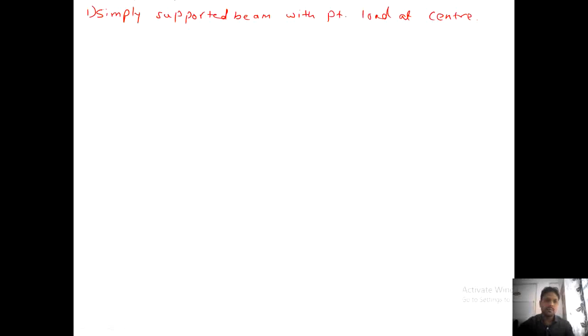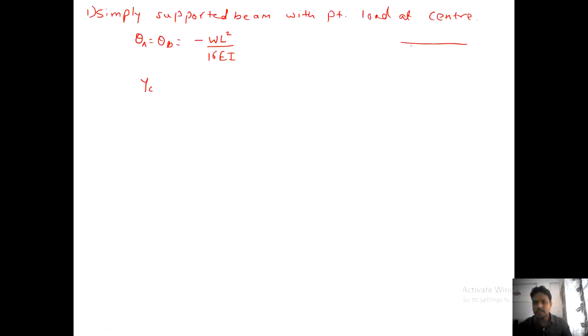When a numerical comes for a simply supported beam with a point load at the center, two things we should know: the slope theta, either at the first end or the last end, that is theta A or theta B, and the formula is minus WL square by 16 EI, and the deflection, that is YC.